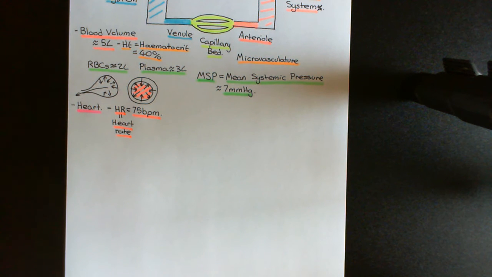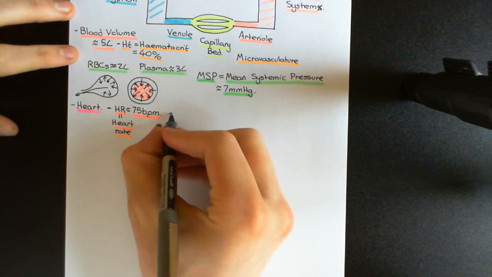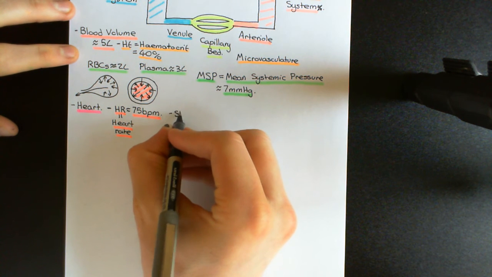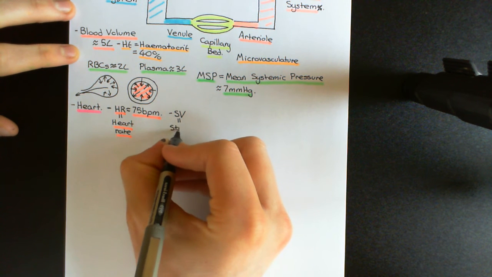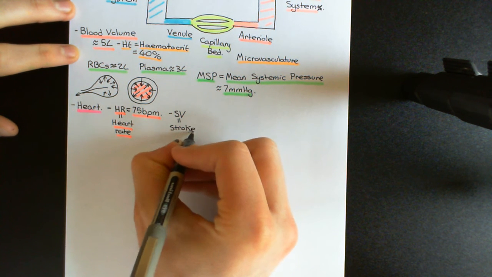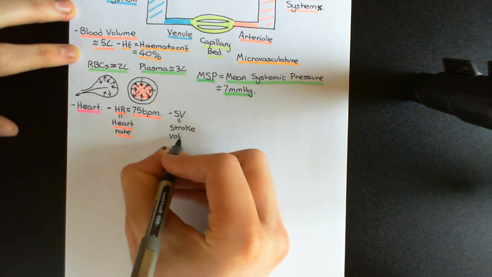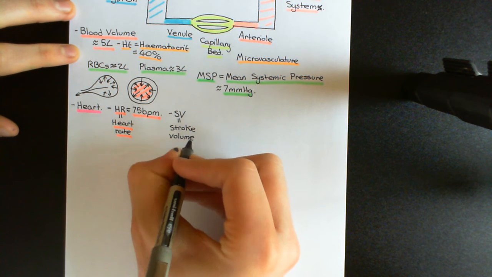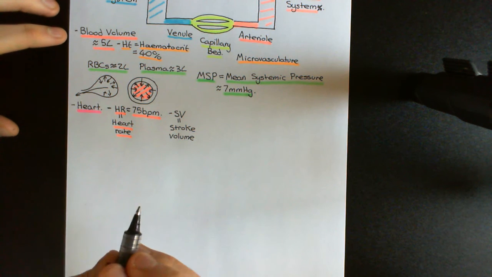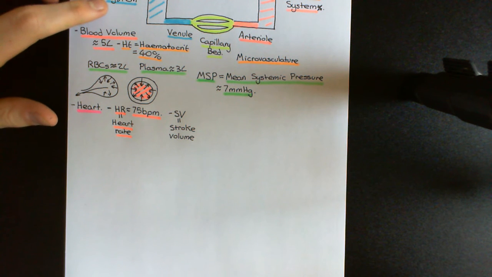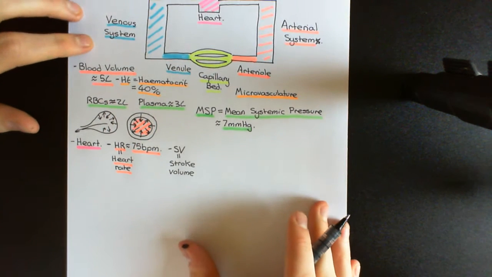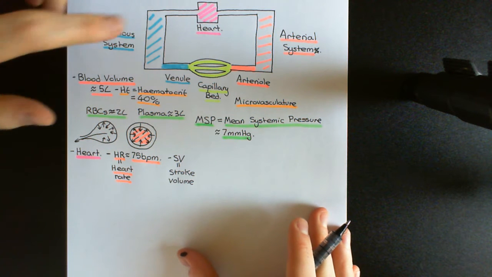Okay. Here's where we're going to make an assumption that we will go back on later in the more complicated model. The assumption is that the stroke volume, which means how much blood the heart moves from the venous side to the arterial side every beat, is going to be fixed, and independent of what the pressure in the venous system and the pressure in the arterial system are doing.